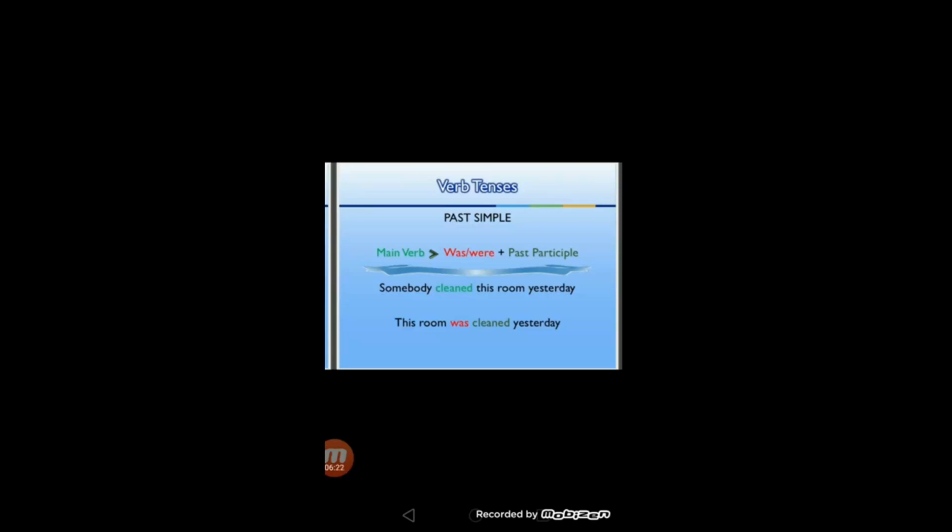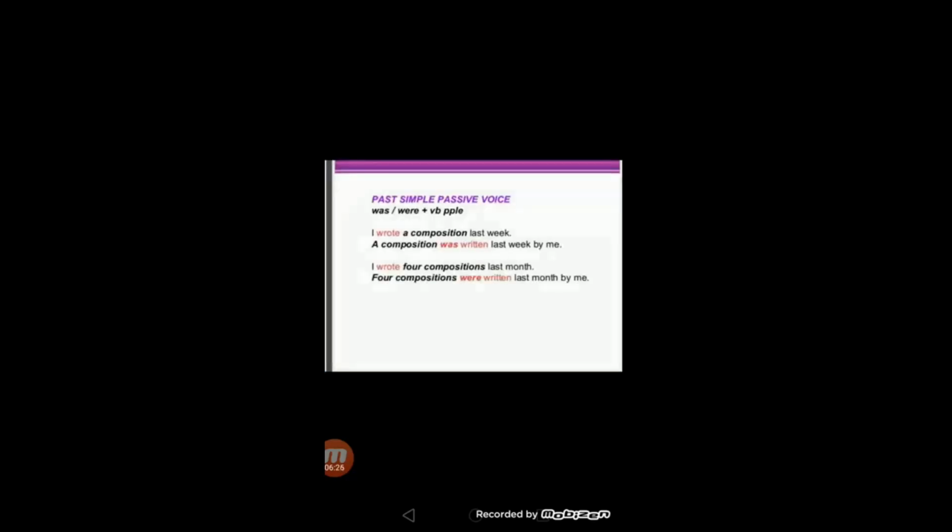In passive, this room was cleaned yesterday. Another example, I wrote a composition last week. In passive, a composition was written last week by me. I wrote 4 compositions last month. In passive, 4 compositions were written last month by me.